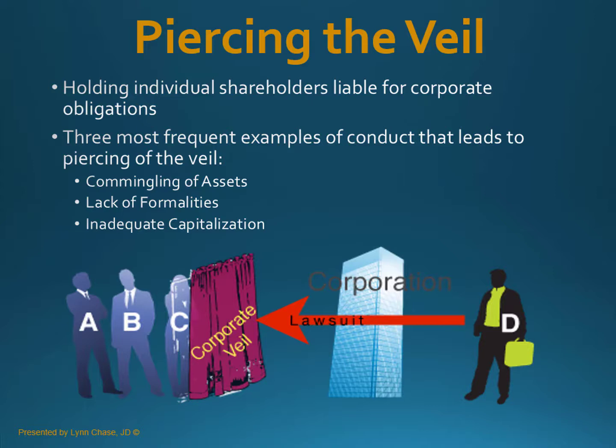Piercing the corporate veil is much more common for small, closely held corporations because the owners often disregard best practices of corporate management. When officers or directors commingle monies from the company with their personal assets or fail to follow organizational guidelines, creditors of the company may be able to reach the personal assets of the shareholders.